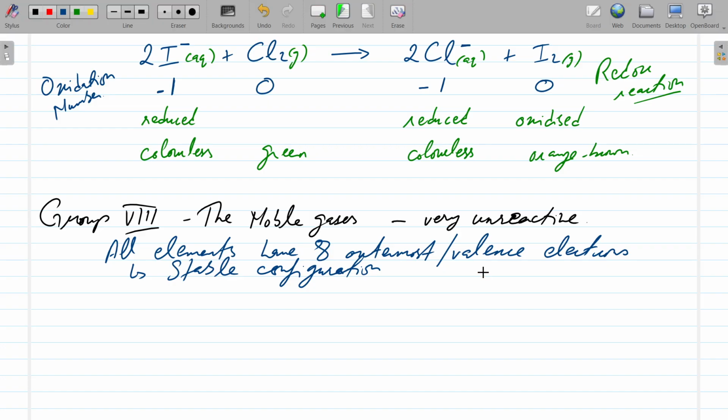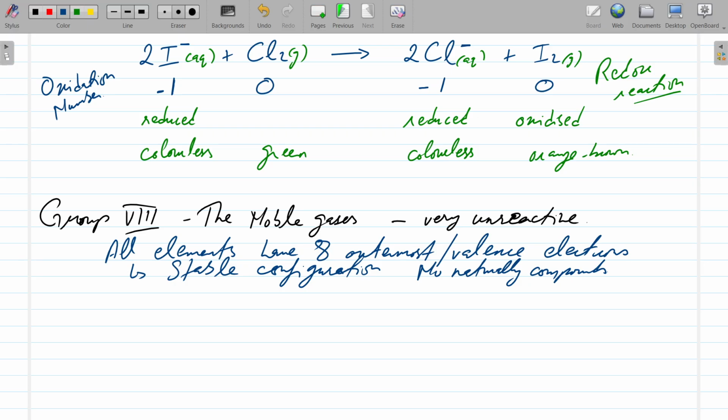These have 8, so that is the stable configuration, so they have no need to react. They're very chill. In fact, no naturally occurring compounds have been found. They've been made artificially, but not naturally occurring.